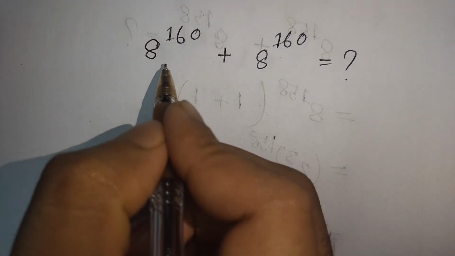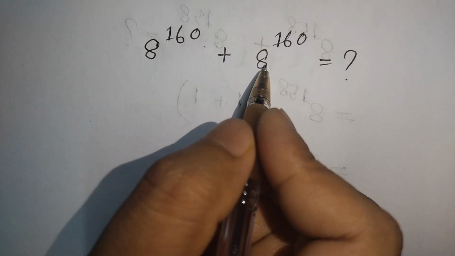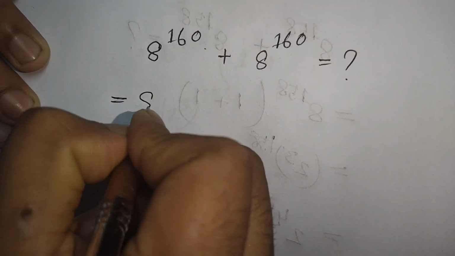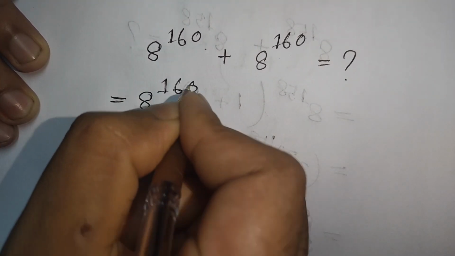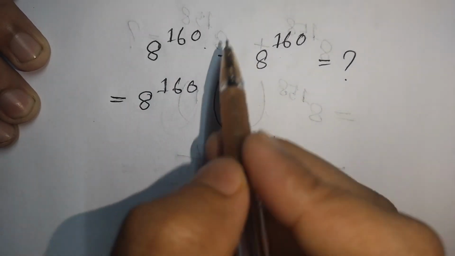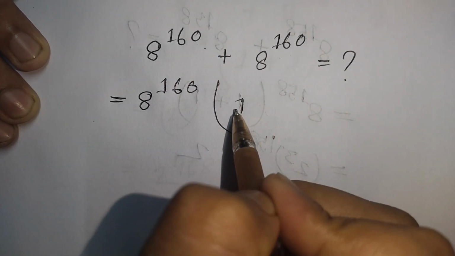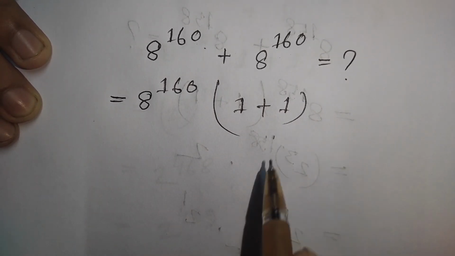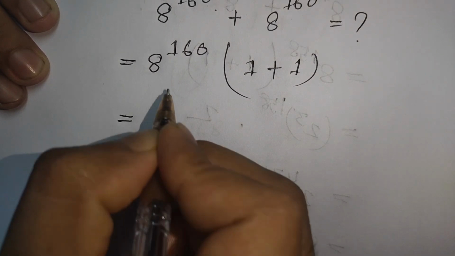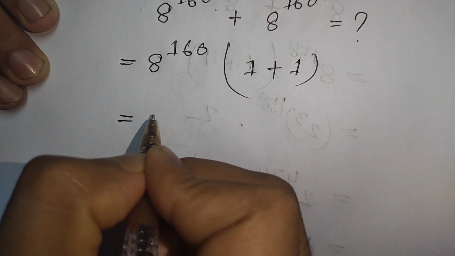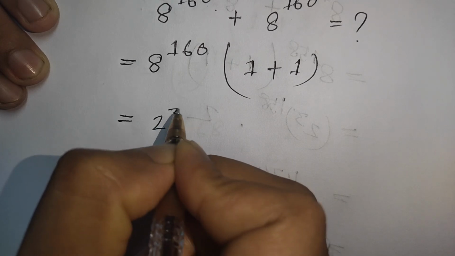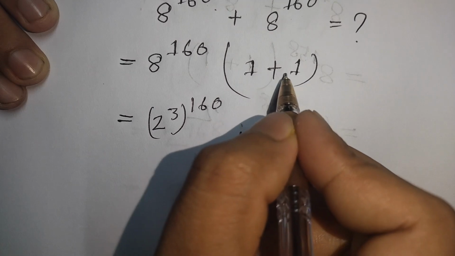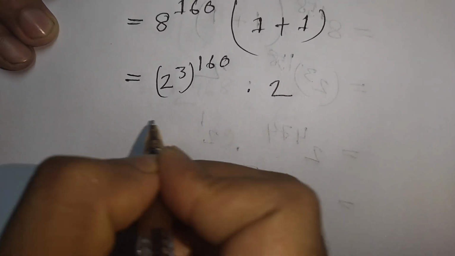How to solve 2 to the power 160 plus 2 to the power 160 is equal to what? At first you take common 2 to the power 160, first bracket start, this divided by this, that means 1, plus this divided by this, that means 1. Then 2 to the power 160 times 1 plus 1, that means 2.